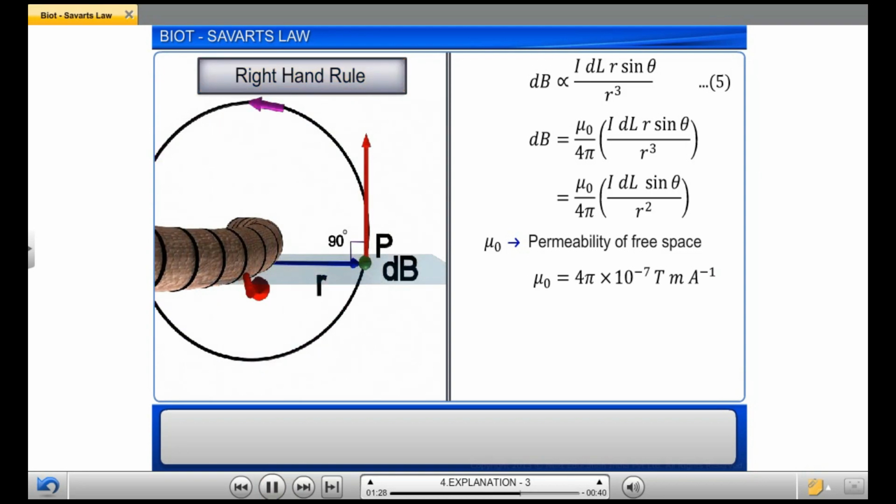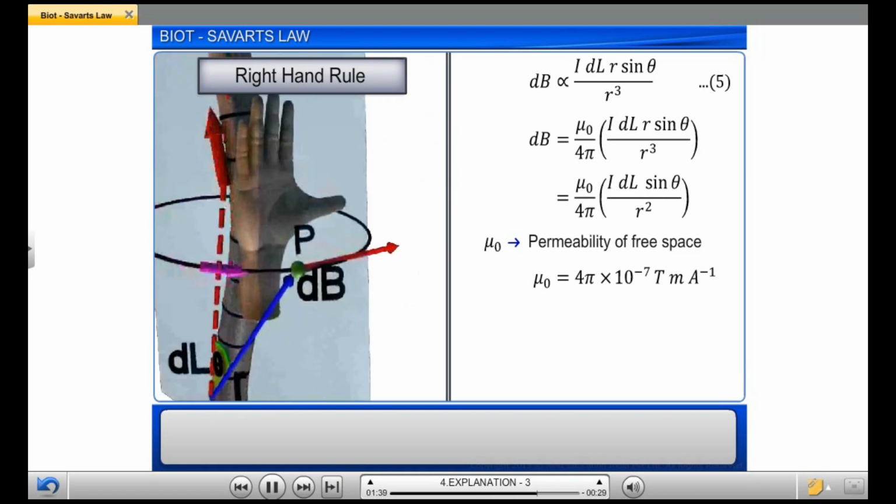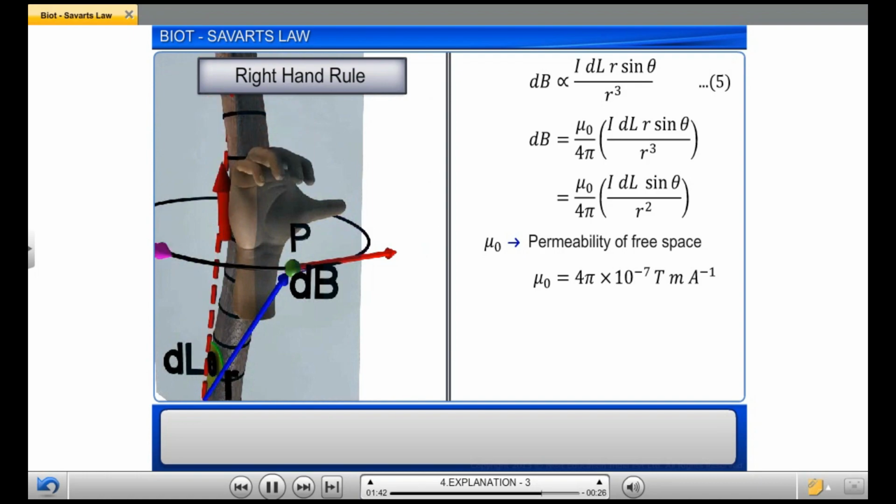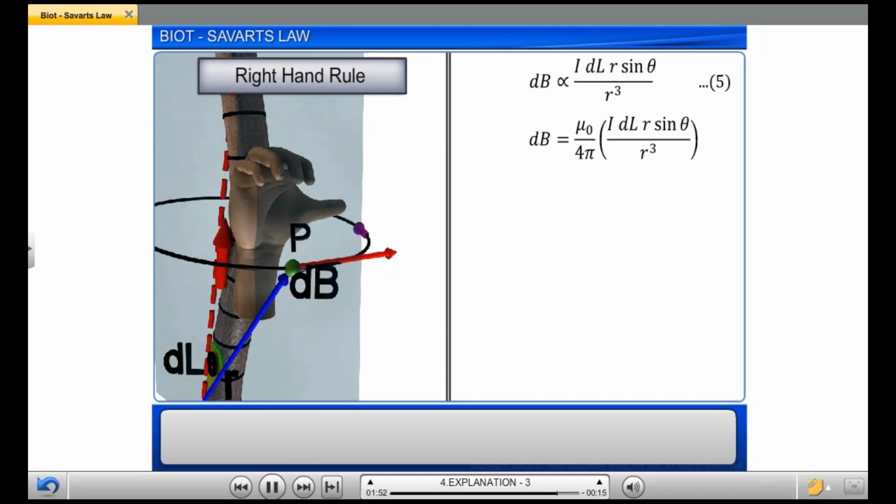According to the right-hand screw rule, if we place our stretched palm along the direction of dl and we now curl our fingers in the direction of vector R, the thumb of the right hand held perpendicular to the stretched palm gives the direction of the magnetic induction dB at point P. The magnetic induction B is obtained by integrating dB in suitable limits. Magnetic induction at point P is B equal to integral dB.